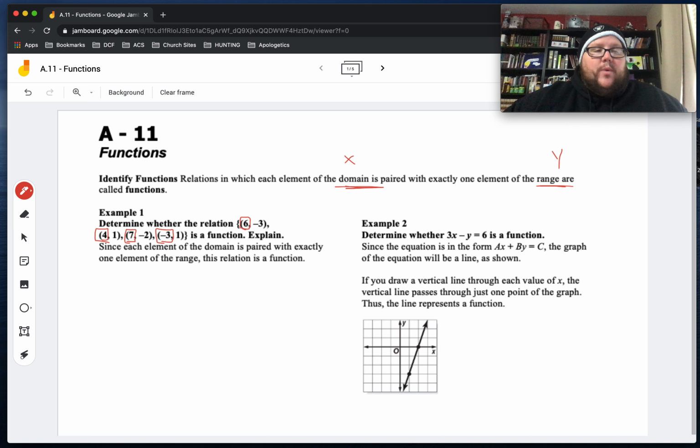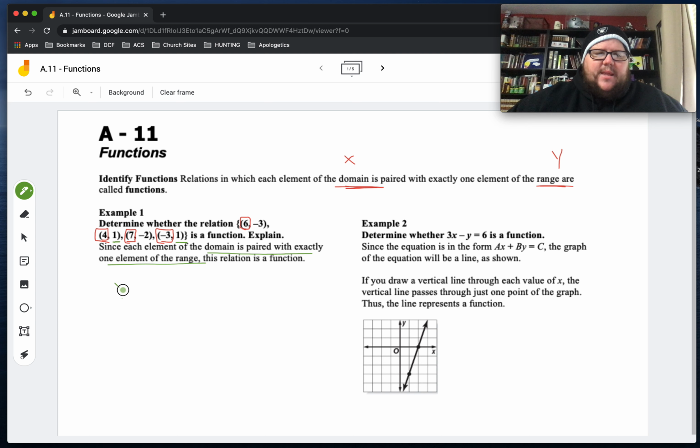It is okay to repeat our y's. If you notice, we have 1 in our range here and 1 in our range here. That's okay. It is not okay for our x to go to two different y's. So this is a function because each element of the domain is paired with exactly one element in the range.